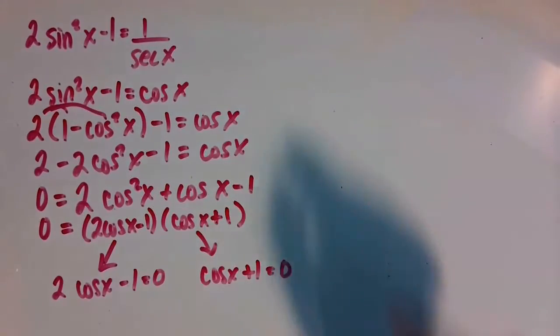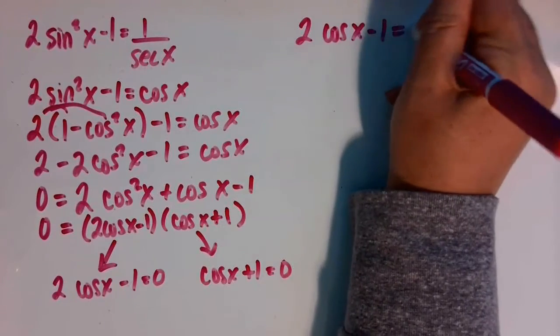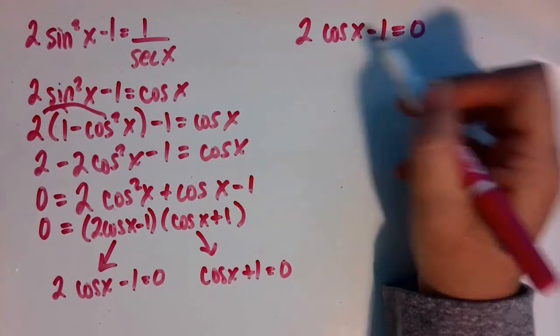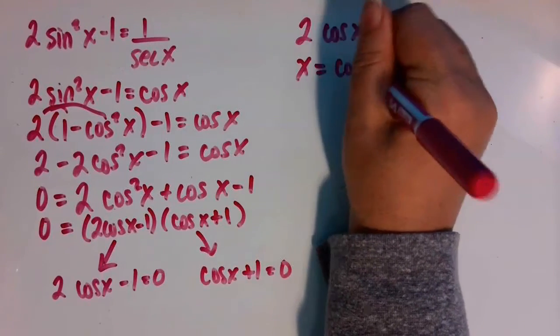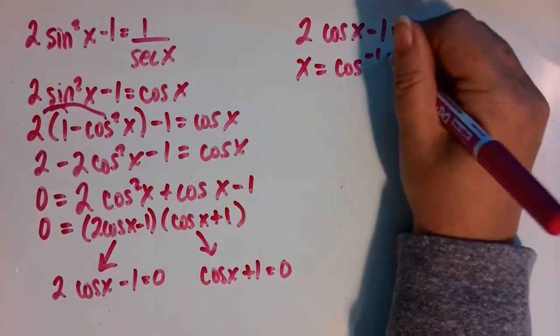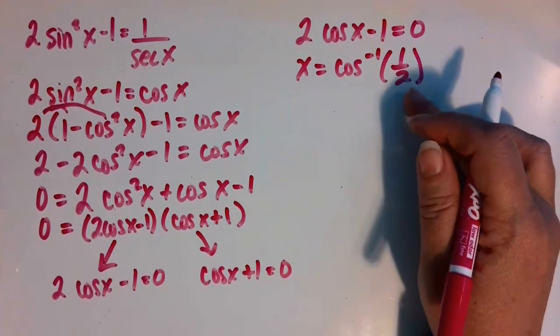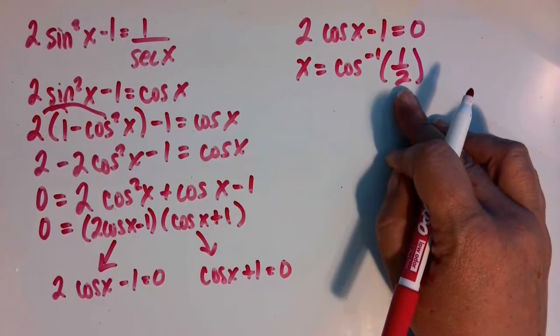So starting with 2 cosine of x minus 1 equals 0, we're going to add 1, divide by 2, and then to get the x by itself, we'll need the inverse, which is the arc cosine of positive 1/2. And that's asking us to find on the unit circle whatever angles have an x coordinate of 1/2.